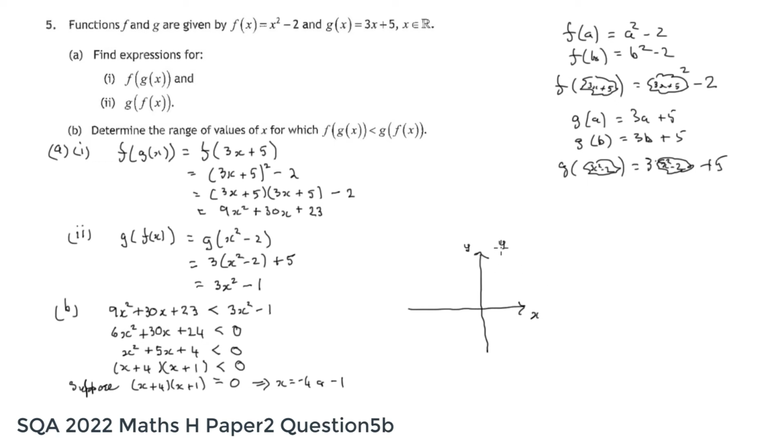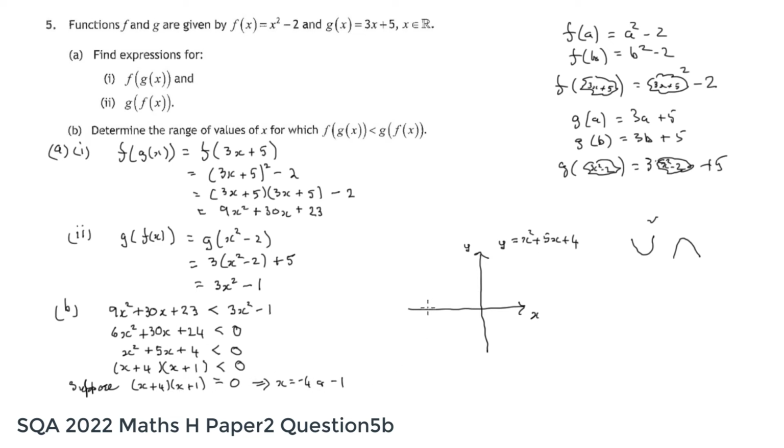Now if I sketch a graph of y equals x squared plus 5x plus 4, we know it's a quadratic graph with a positive x squared, so it's that way up, not the inverted way. That would be if it had a negative x squared term. So it's this one, and it crosses the x-axis when this is equal to 0. We've just solved that.